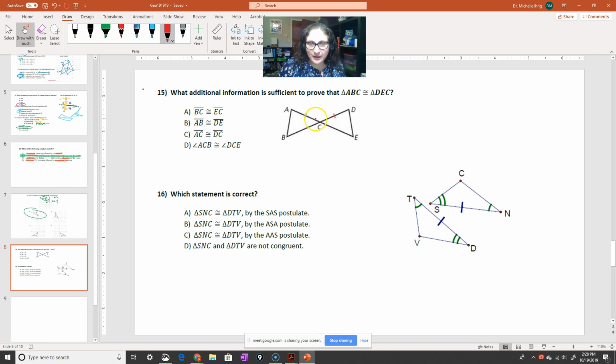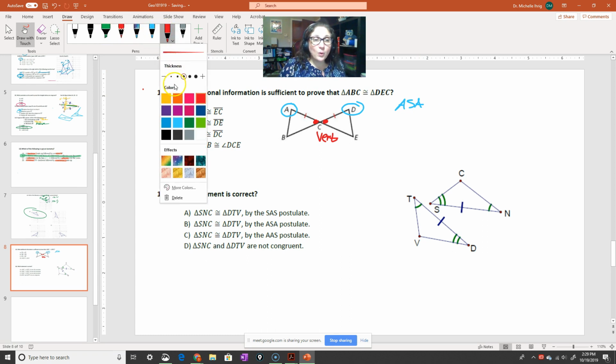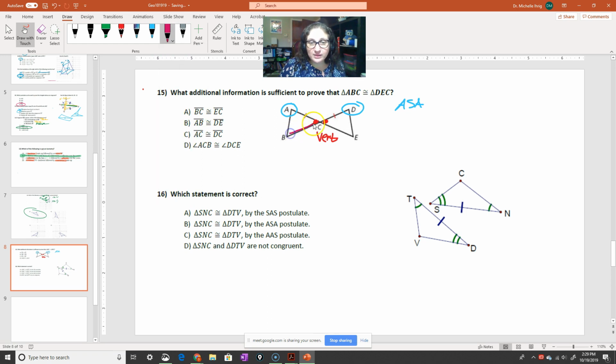Well, right here we've got this angle and this angle are congruent because of vertical angles. So the only possible way that we can get congruency is if angle A is congruent to angle D. We could get that by angle, side, angle. There's 3 ways. Or we need to know this side right here and this side right here, which is BC equals EC.